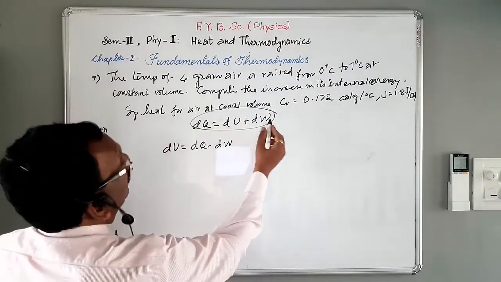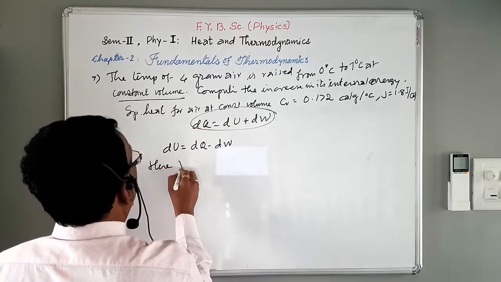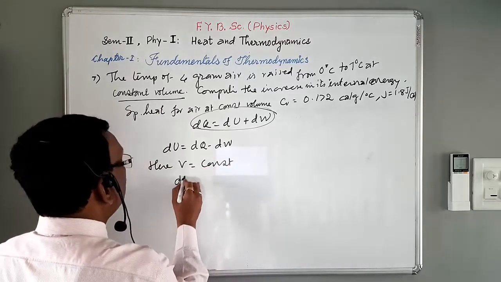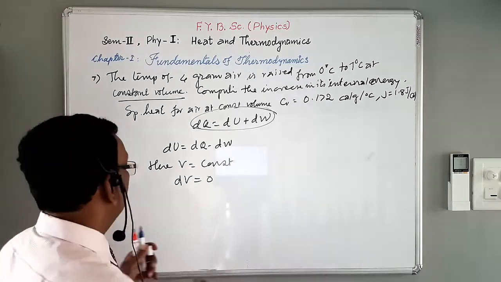Here volume is constant, V is equal to constant. When volume is constant, obviously the change in volume is equal to 0.